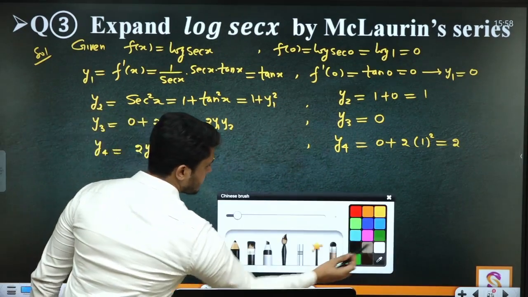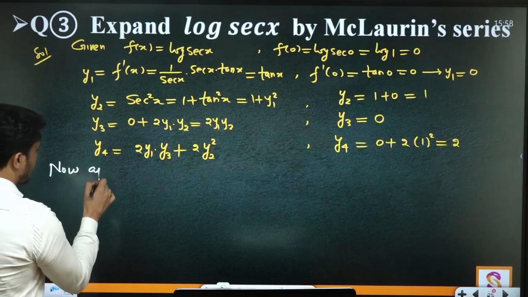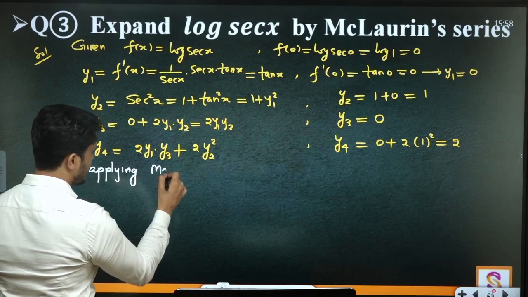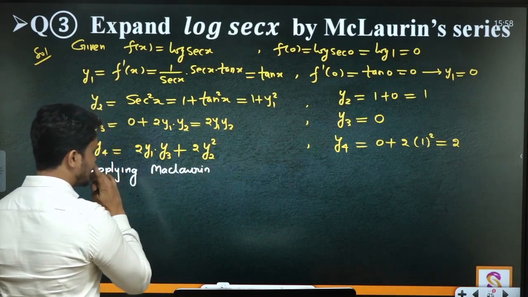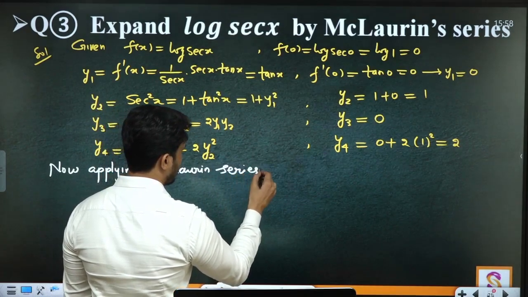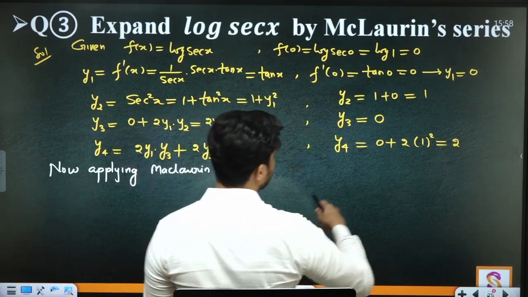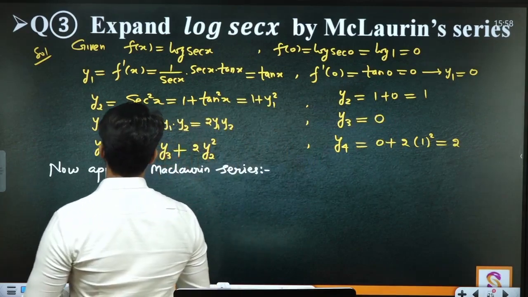Now applying Maclaurin series. You can see there are 4 terms actually, of which only 2 terms, y2 and y4, will be non-zero, and all the other values are 0.